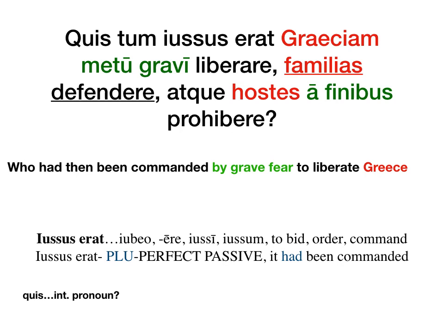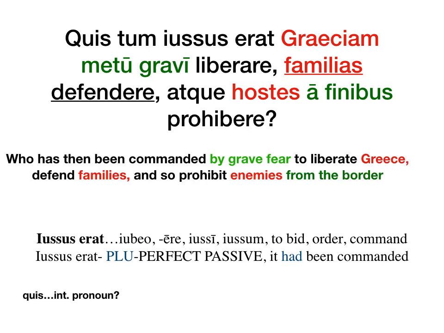So that's the three separate parts of this sentence. So I was about this person who has been commanded to liberate Greece by fear. Also, who has been commanded to defend families, and so to prohibit the enemies from the border.